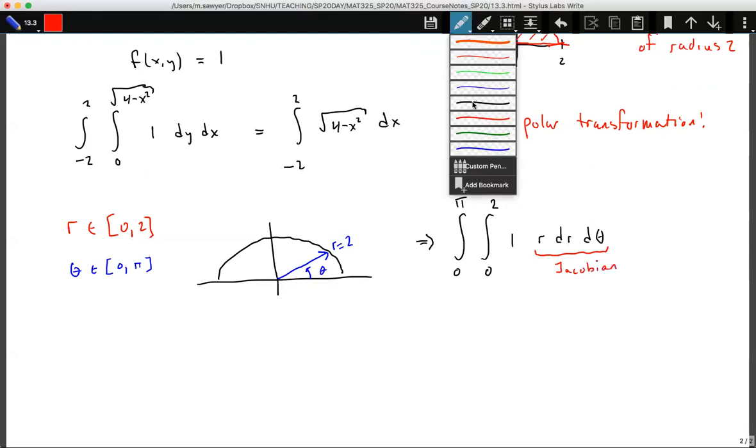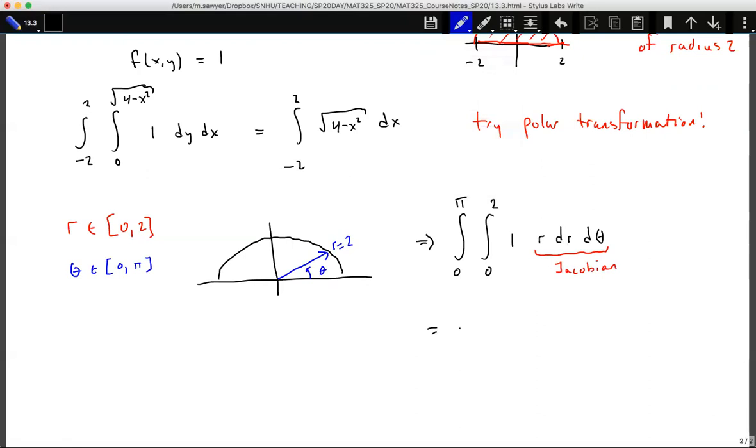So this integral is much easier to solve. We have 0 to pi of r squared over 2 evaluated from 0 to 2 d theta, which looks like 0 to pi of 2 d theta, which gives us 2 pi.